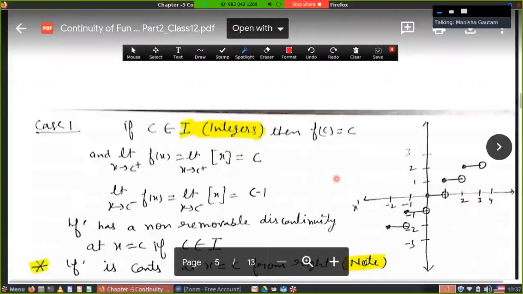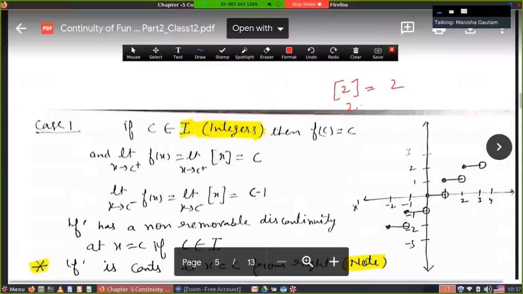The first case is when c belongs to the integers. Suppose c is an integer, then f of c will be equal to c. If I explain again the meaning of the greatest integer function, which you studied in 11th class: greatest integer of 2 is 2.